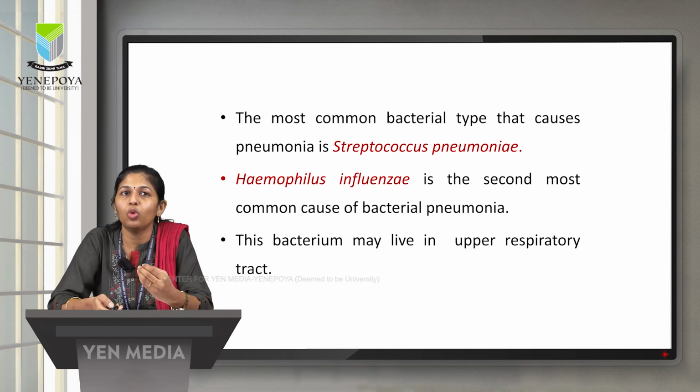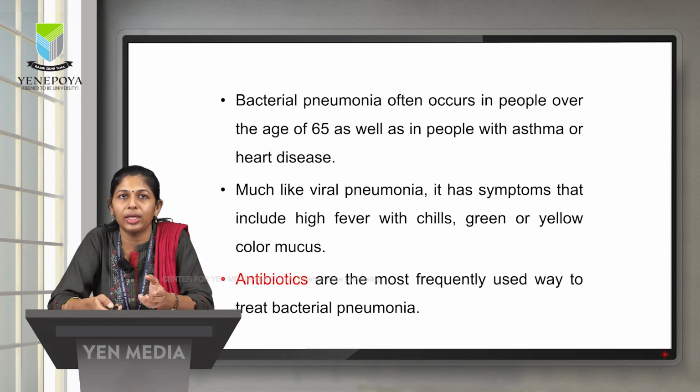This bacterium may live in the upper respiratory tract. So if you are not treating your upper respiratory tract infection properly, that can lead to lower respiratory tract infection. Ultimately, it results in pneumonia. Bacterial pneumonia often occurs in people over the age of 65 as well as in patients who are diagnosed with asthma or some other heart diseases.